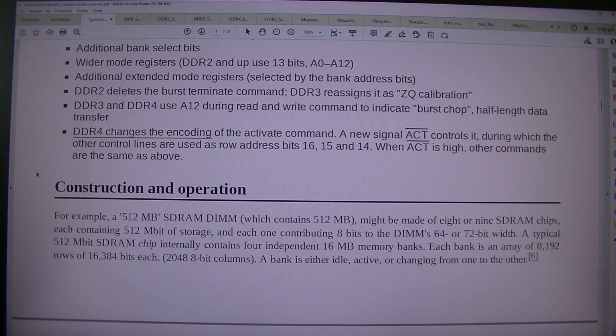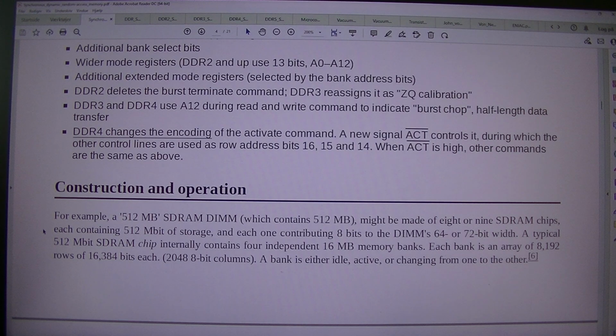Construction and operation. For example, a 512 MB DRAM DIMM might be made of 8 or 9 DRAM chips, each containing 512 Mbit of storage, and each one contributing 8 bits to the DIMM's 64 or 72-bit width.